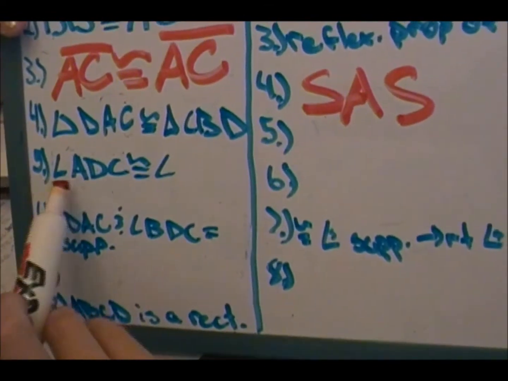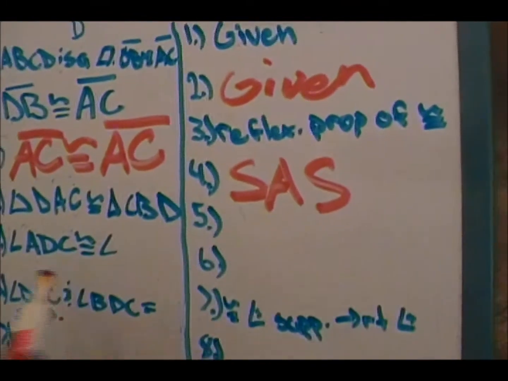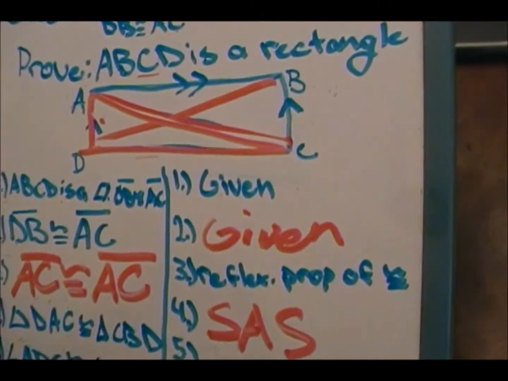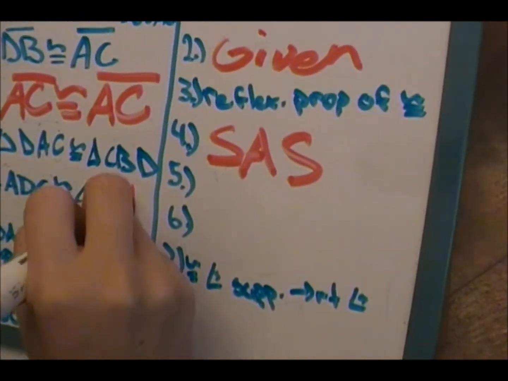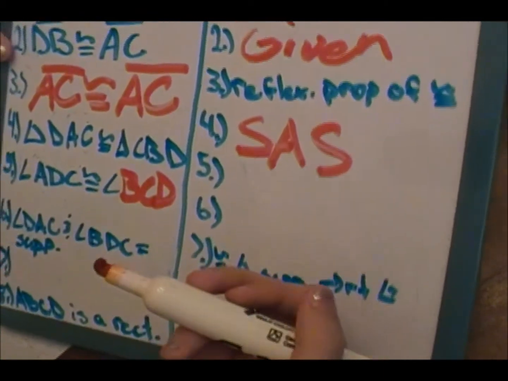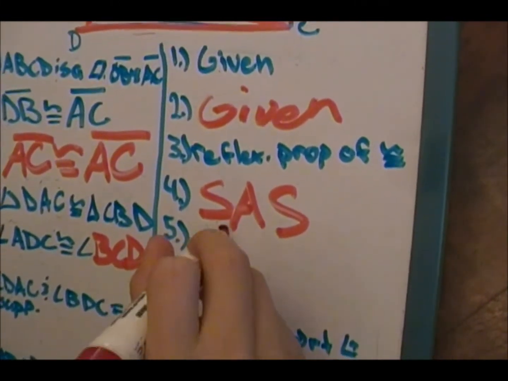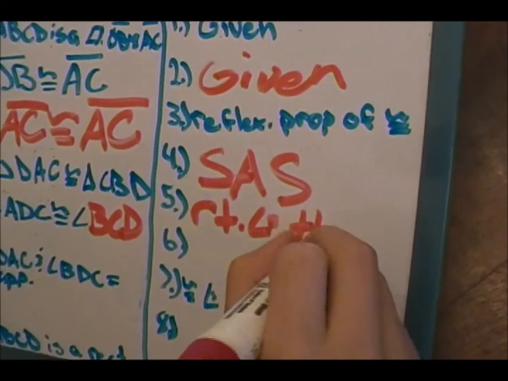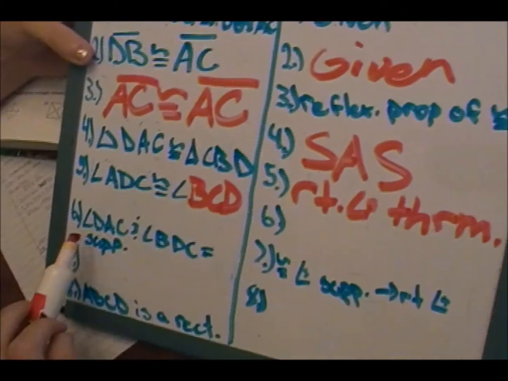Next it is number 5. Angle ADC is congruent to blank. Well, what angle is ADC congruent to? BCD. Right, BCD. And what's that? It's the right angles theorem. Okay, 6.